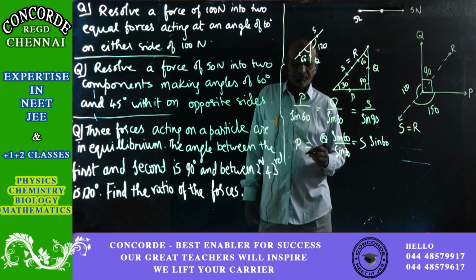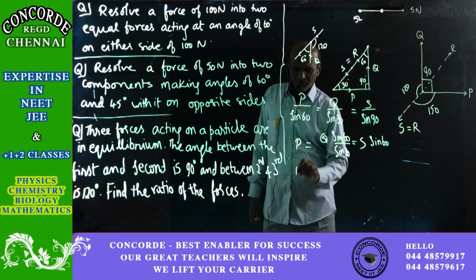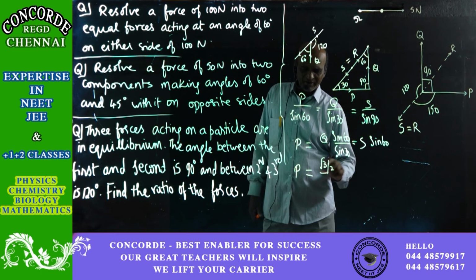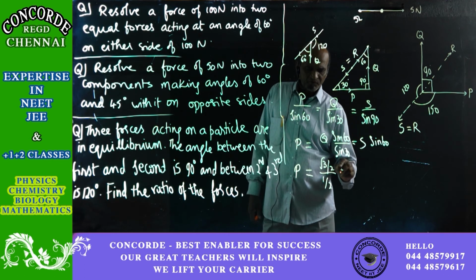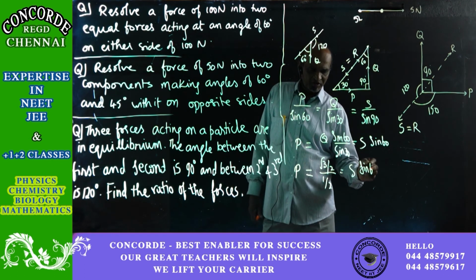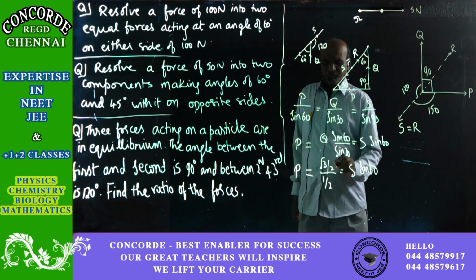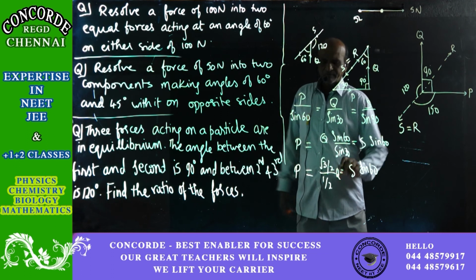for the last term. So you will get P is equal to sine 60 is root 3 by 2 and sine 30 is 1 by 2 is equal to S into sine 60. Okay. And Q is also there.